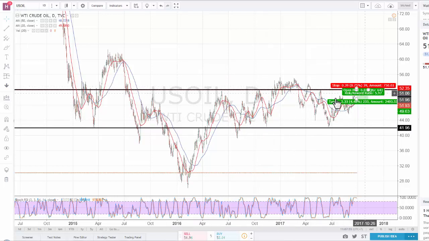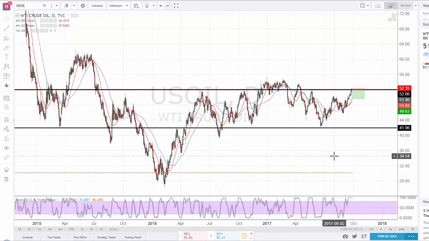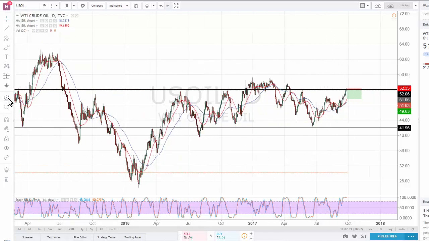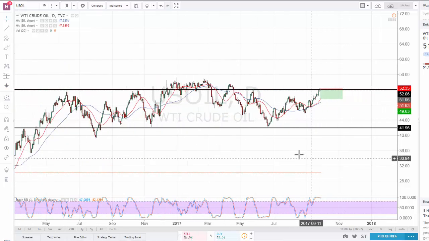So this is a sideways trend that's been set for years, and from support to resistance we have 23.45% that we can make profit by going long on support and going short on resistance. So this is a very, very similar situation with gold.